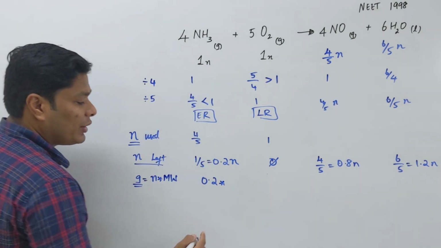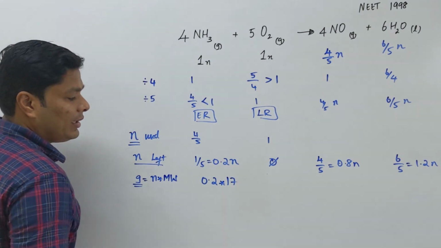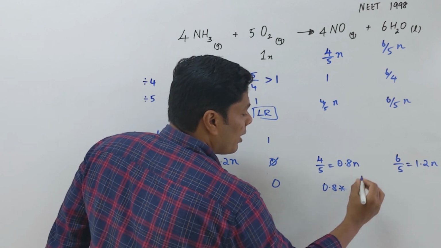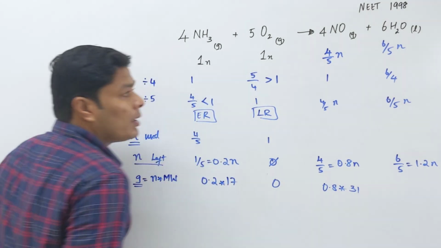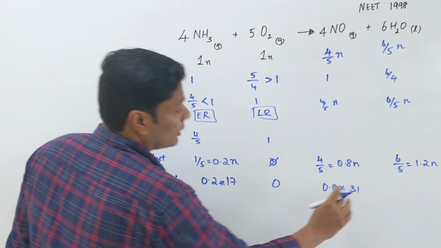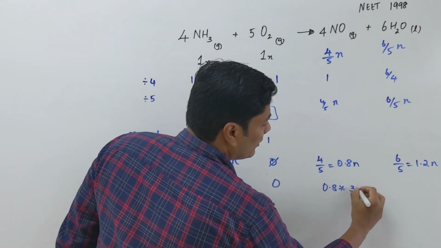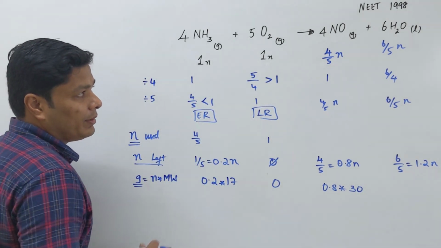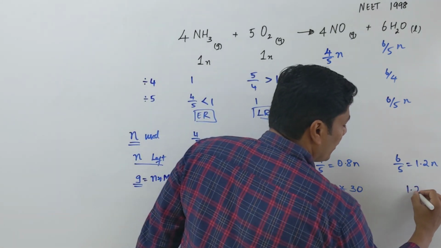So these are certain things that you want to remember right away. Ammonia is 17. So I have here 0.8 times 31. Oxygen plus nitrogen. Sorry, not 31, 30. Okay, 14 plus 16. Now water is 1.2 times 18.